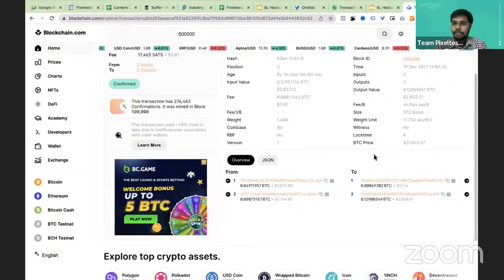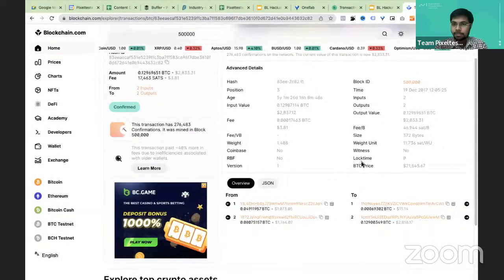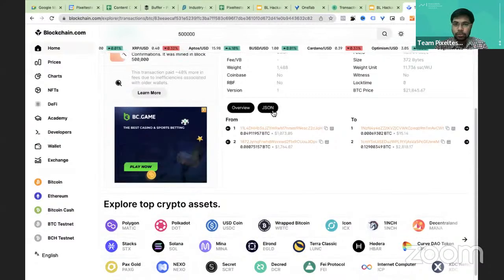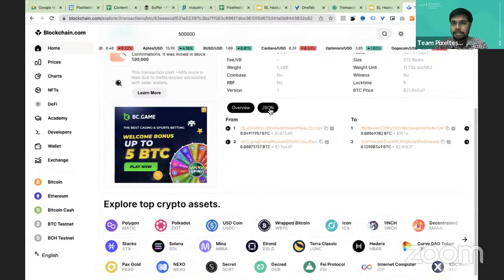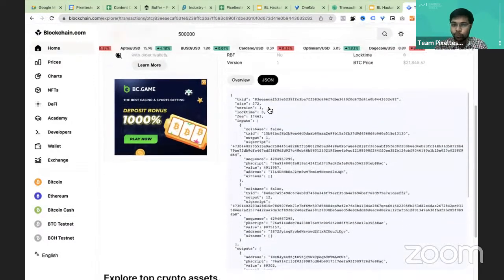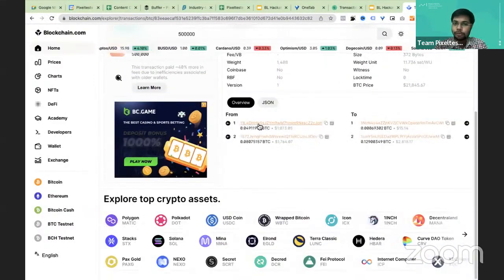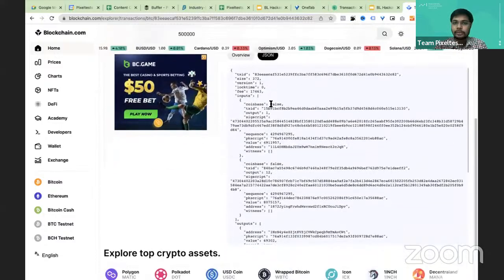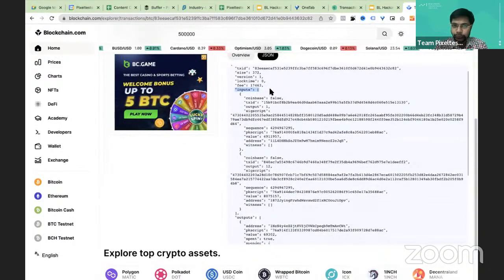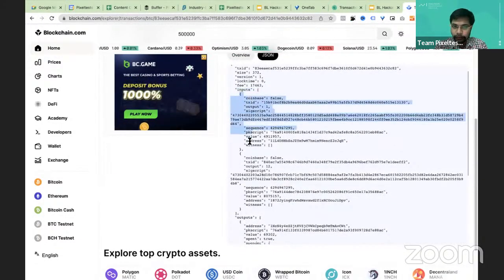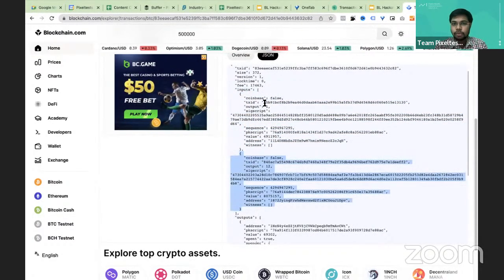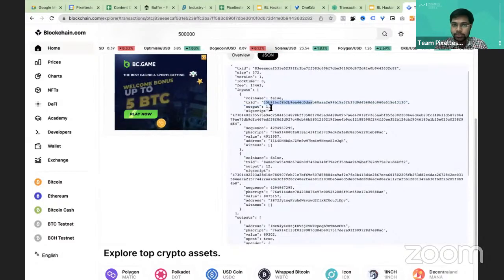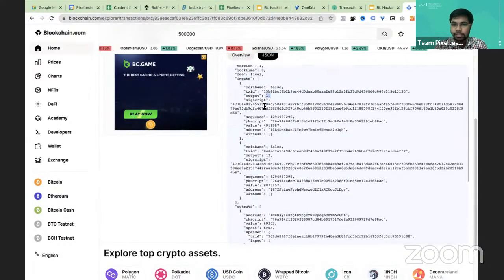Now every transaction has an index, right? We'll also understand that. If you want to see this in detail, you can click on this JSON, which will have more details. The overview will be this. If you click on JSON, you can see that there are two inputs. There is one set of input and there is another set of input. These inputs have a transaction ID and the sequence also.